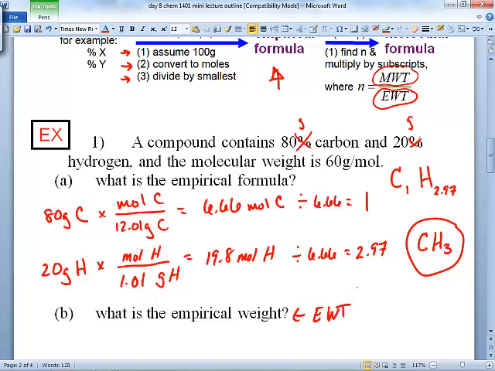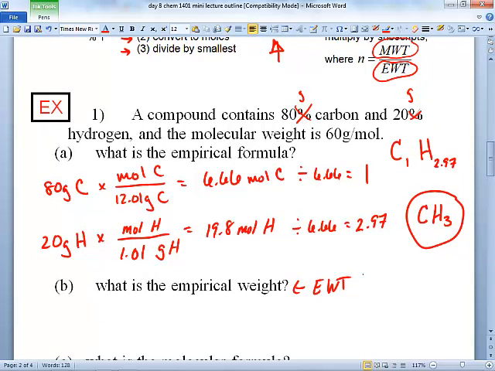Now to get molecular weight, that's adding stuff up on the periodic table. What's empirical weight then? The empirical formula's molar mass. Perfect. So that's what EWT is. So if EWT is the empirical formula's molar mass, Yvette, how would you get it?